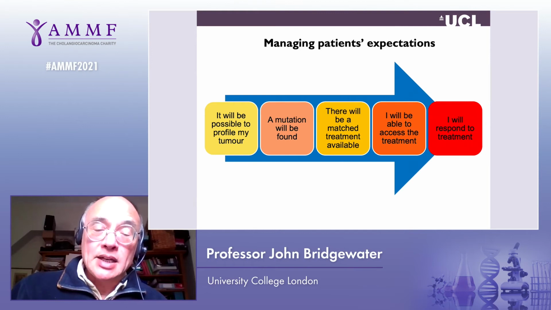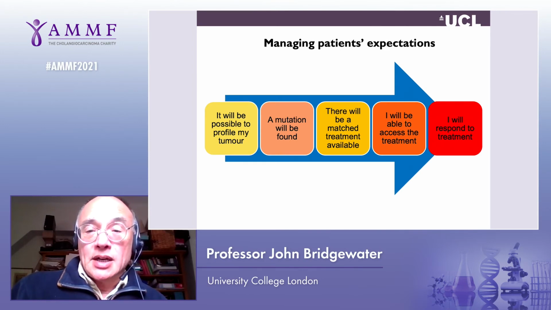Well, I think this is for some people, they'll be treatable on a study. For some people, the drugs will be available. It's yet another question mark in the process. I'll be able to access the treatment, so that's whether the treatment is actually available on the NHS. And finally, I will respond.